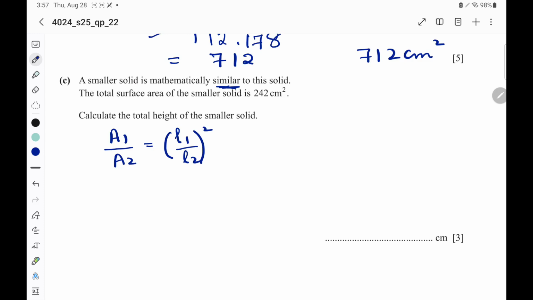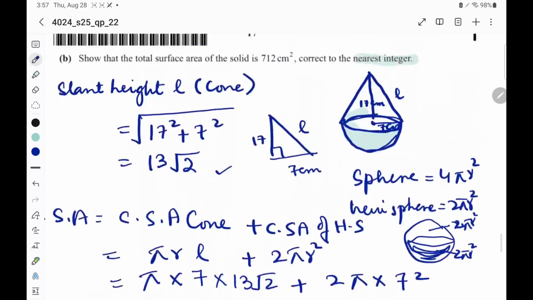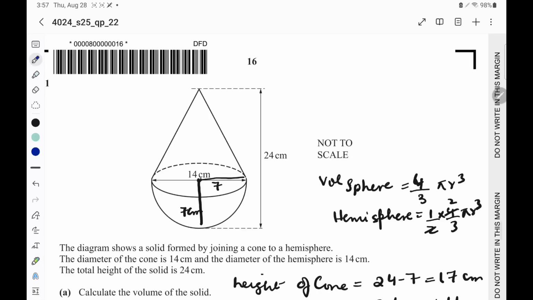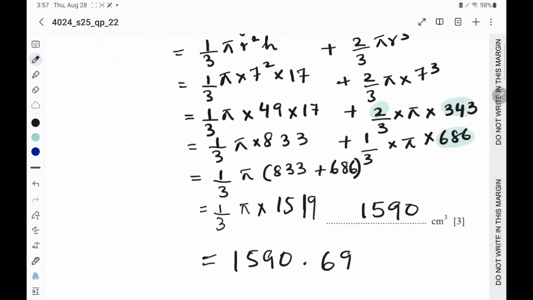If we take the bigger solid as this one, the total height of the solid is 24, because they didn't use the word height of the cone or height of the hemisphere. They use the word height of the solid. So height of the solid is 24.